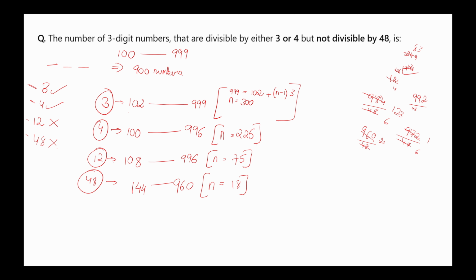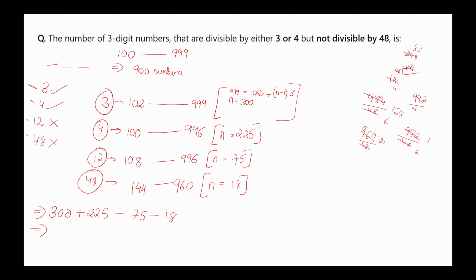Any number that is divisible by 12 would be divisible by 3 and 4 also. Any number that is divisible by 48 would be divisible by 3 and 4 as well. So we have to remove those numbers. Our total number of outcomes would become 300 plus 225 minus 75 minus 18.